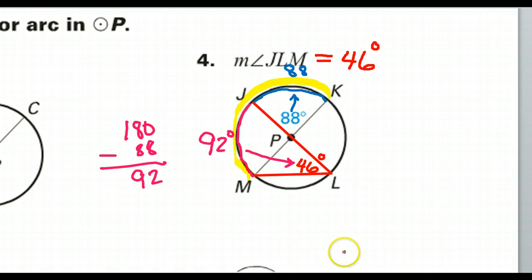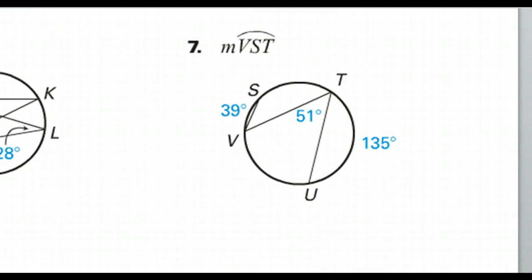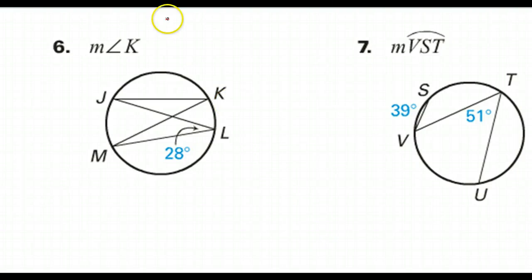Okay, let's find number 6. We are supposed to find the measure of angle K. Now look, on a previous episode, we learned that if you have this sort of bow tie, hourglass type situation with the double triangle thing happening, all vertices on the circle, these angles that are on the same side together are congruent.